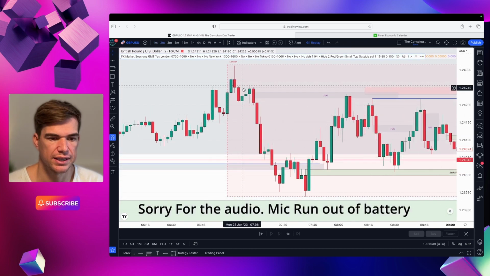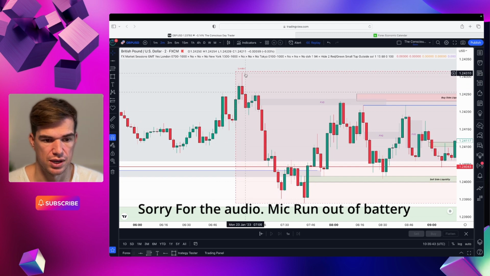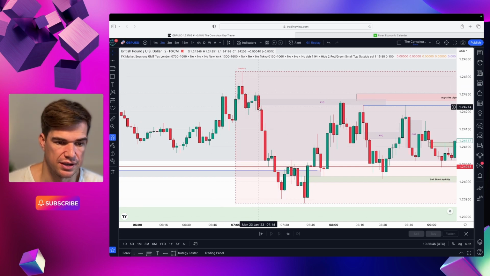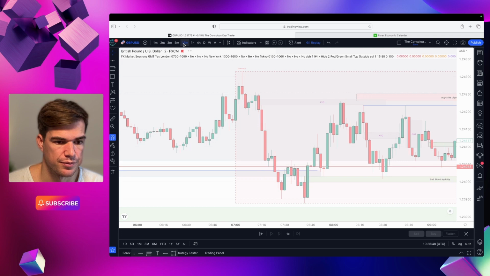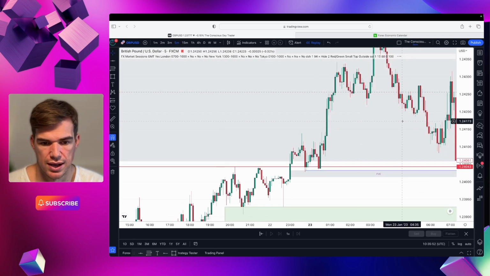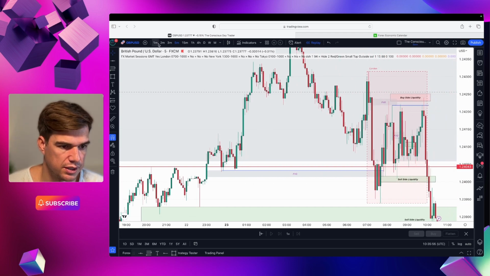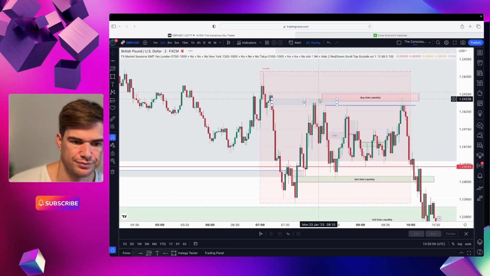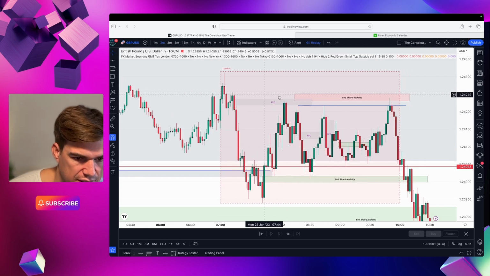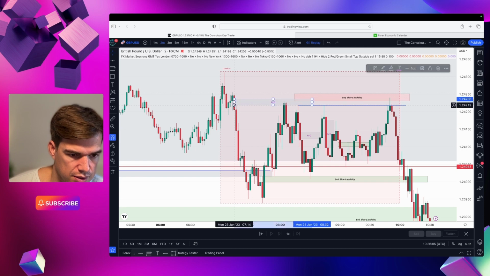Going back to this price action and the fair value gap, you can see that the price broke down, and we had a really good delivery of the fair value gap onto the 5 minutes, 2 minutes.